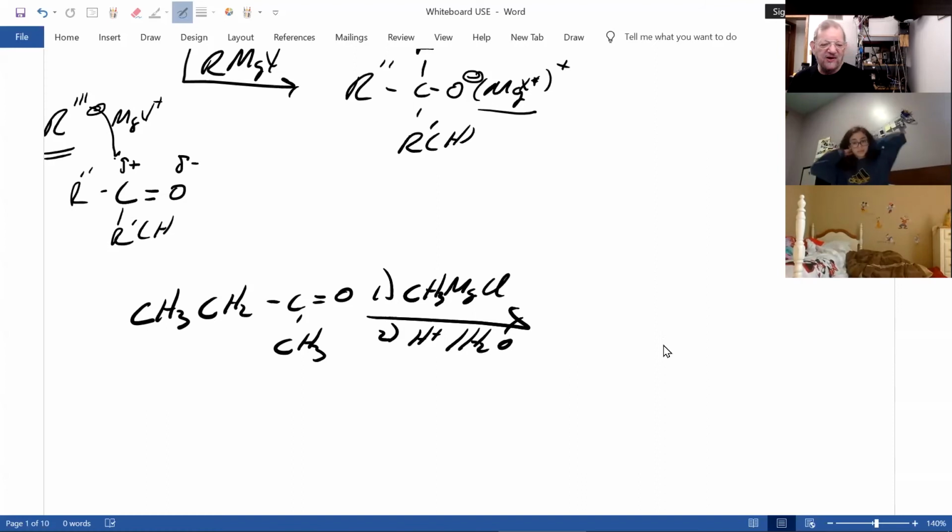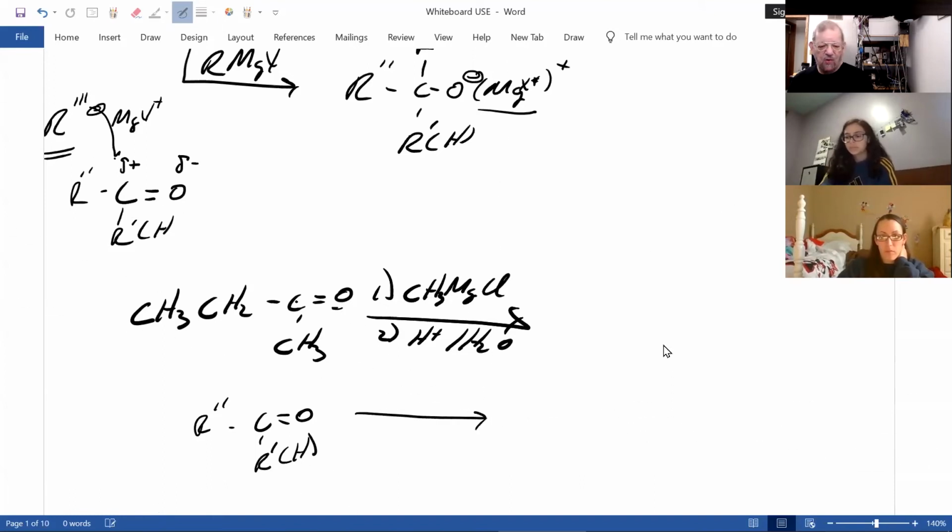All right, let's take a look at what's different. Ooh, it's a carbon double bond to oxygen, a ketone in this case, but it could have been an aldehyde. And then, ooh, first step up here, carbon with magnesium chloride, it's a Grignard.